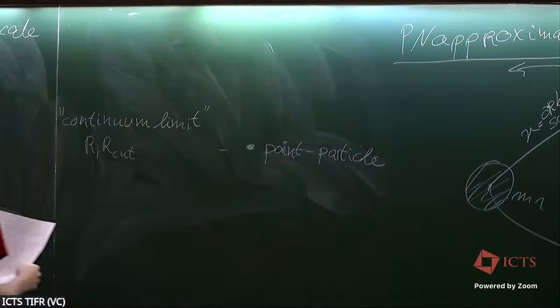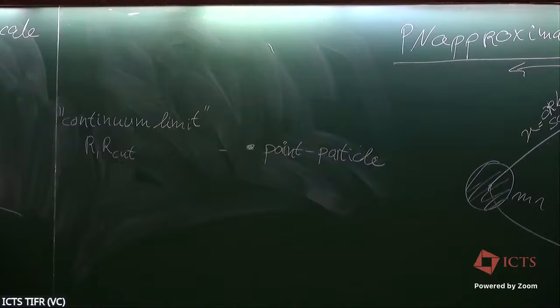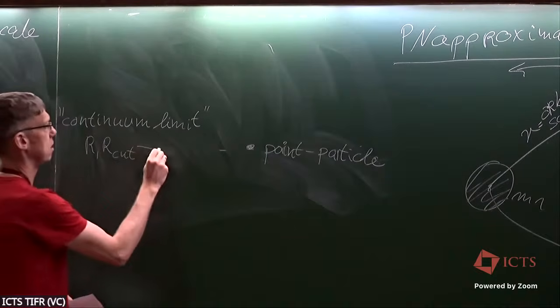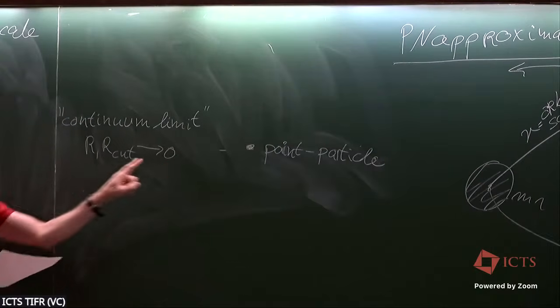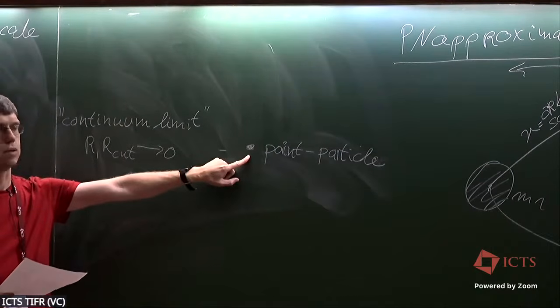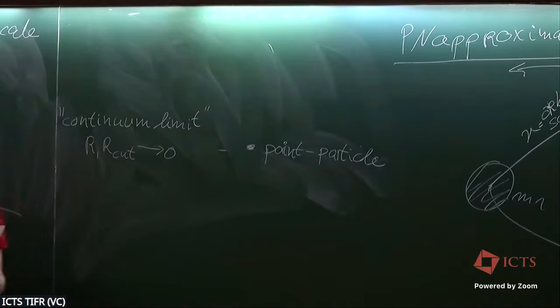It's not enough just to average, because after averaging you still have something of non-zero size, but you want to average and then rescale your spatial dimensions such that the cutoff goes to 0. And then your body will just be one pixel in the picture, and you have a point particle.